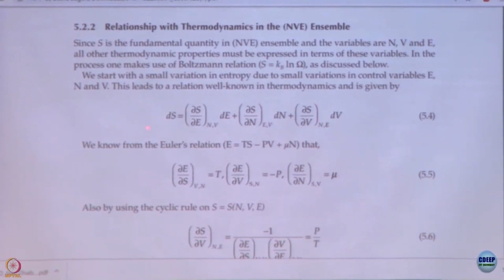However, this is already beginning to tell you something very interesting, because you have seen these kinds of things, dS/dV, dS/dE. We routinely use it as temperature in our derivation, but even aside from that, you have Euler's relation.